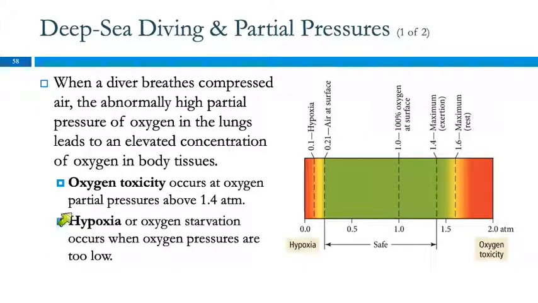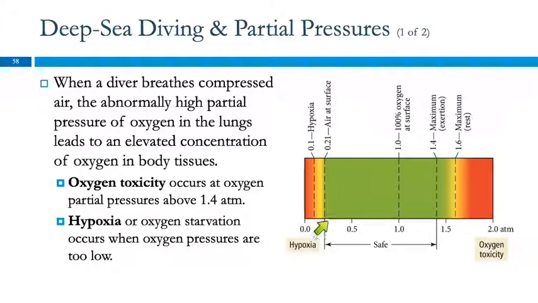Hypoxia is the opposite. Hypo is that prefix that means less than, right? So it's less oxygen, oxygen starvation. So that occurs when oxygen pressures are too low. That can happen if you fly in an airplane that isn't pressurized, or you go up into the mountains and you start to get out of breath with a little bit of exercise, because the atmospheric pressure is less, and so the partial pressure of oxygen is less as well.